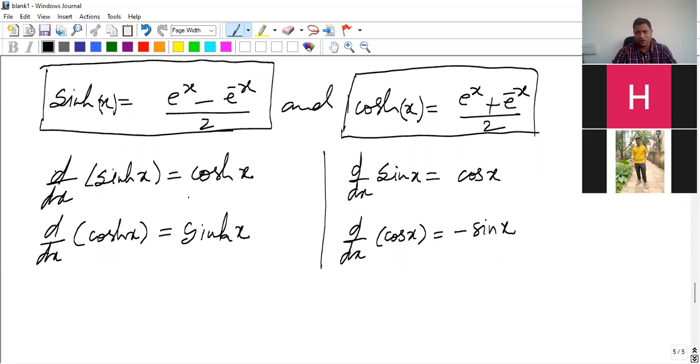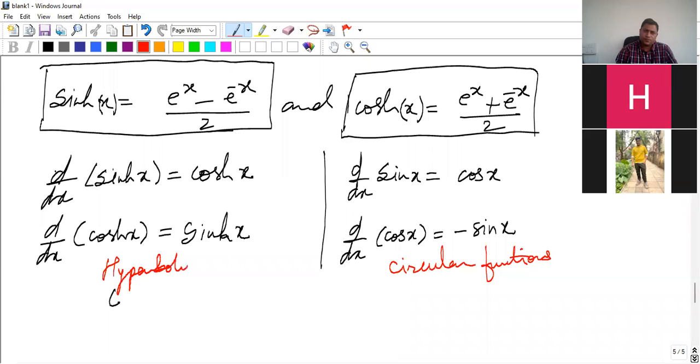There are some properties of these sine and cosine. These are called circular functions, and these are hyperbolic functions. The question is why they are called hyperbolic functions, or why these are called circular functions.